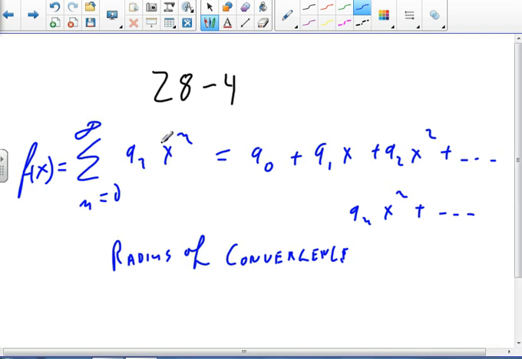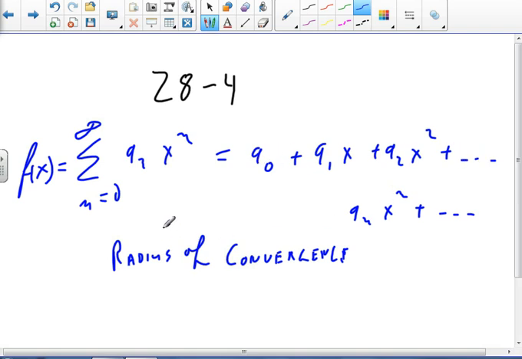So let's say I put in x is going to be 1/10. So I've got a0 plus a1 times 1/10 plus a2 times 100th plus a3 times 1,000th. Well, that's probably going to converge. But if I put in 10 for my x, then it's going to diverge.